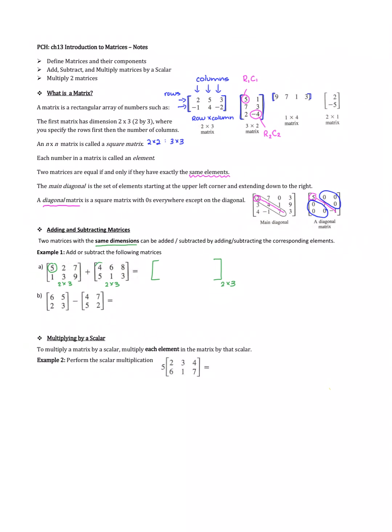I'm just going to add corresponding elements. 5 plus 4 is 9, 2 plus 6 is 8, 7 plus 8 is 15, 1 plus 5 is 6, 3 plus 1 is 4, 9 plus 3 is 12. And that would be the result.